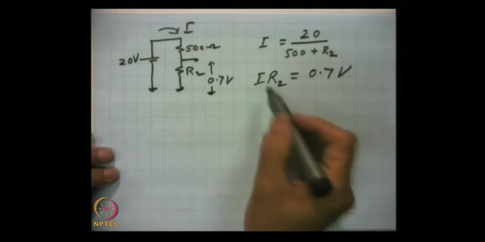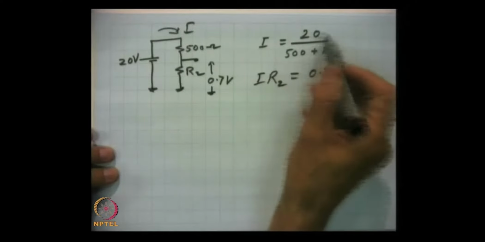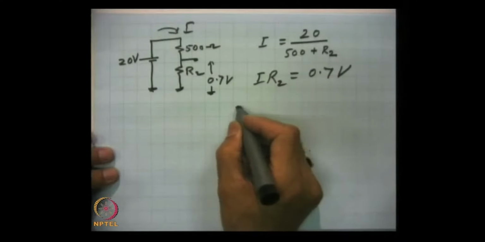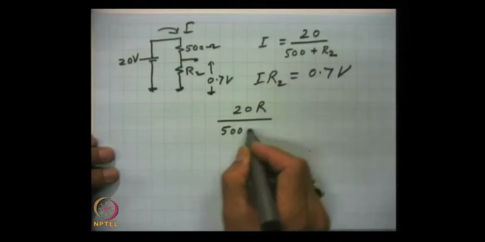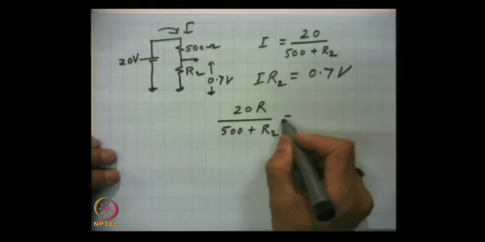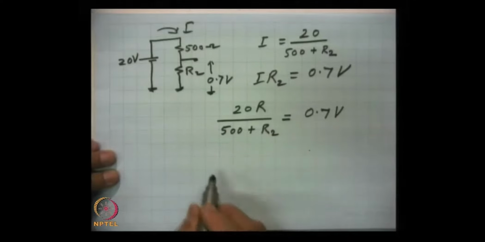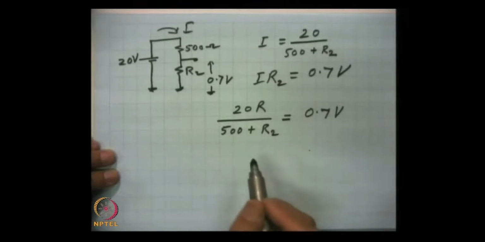We substitute I here, this becomes 20 R2 divided by 500 plus R2, and this has to be equal to 0.7 volts.